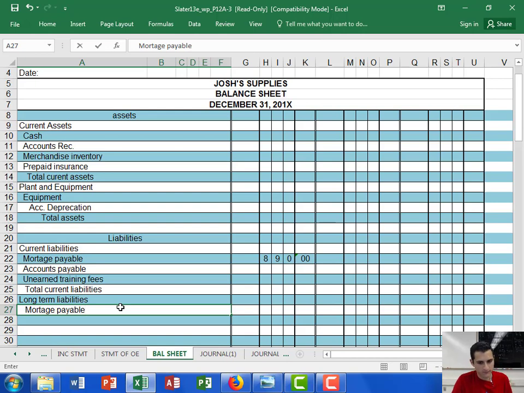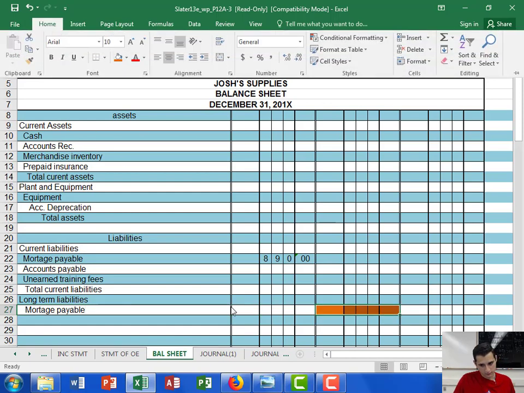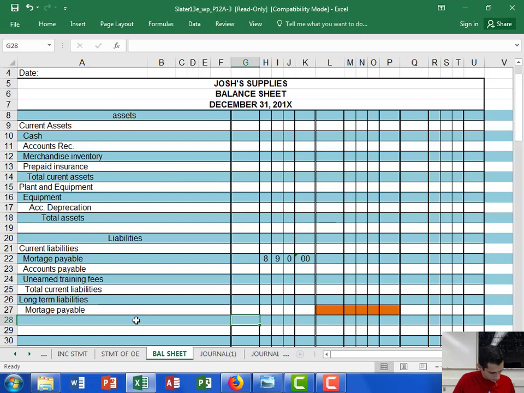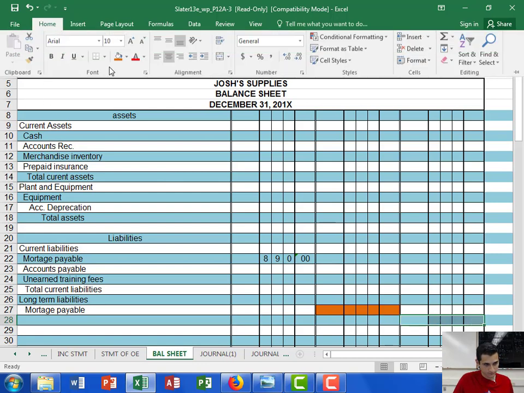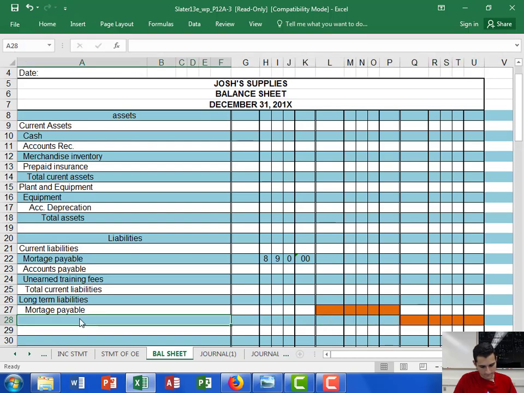So whatever that amount is that's left over from $890 minus that other number that's in your worksheet, this number will go here. Right here to be exact. Okay? And then your total liabilities will go on the far end. Total liabilities.